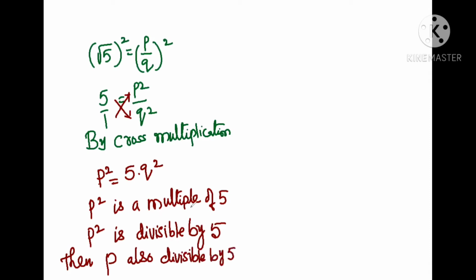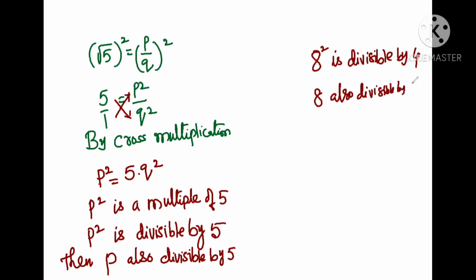Let us understand this by taking an example here. If 8 square is divisible by 4, if we take p as 8, then 8 square is 64, and 64 is divisible by 4. 4 1 ja 4, 4 6 ja 24.